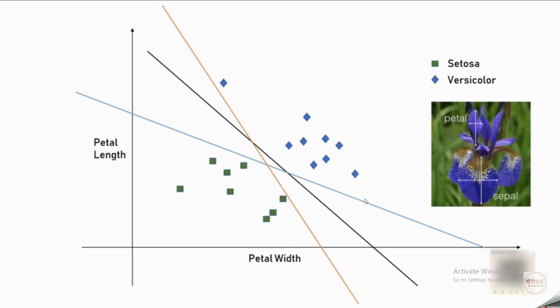So that is why they will not be feasible to be considered as decision boundary. Whereas if you consider the black line, the distance between both these is equal, as well as we can use this black line as the hyperplane or decision boundary.